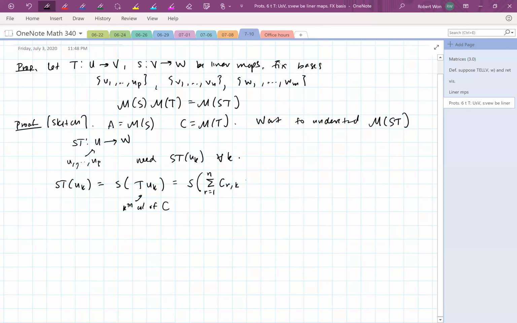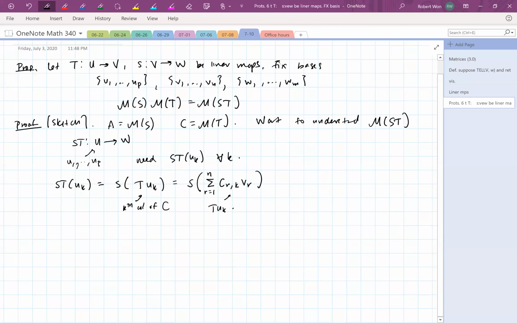This is the kth column of C, written with respect to the basis of the v's. So this is exactly what T of uk is, because C encodes what T of uk is.